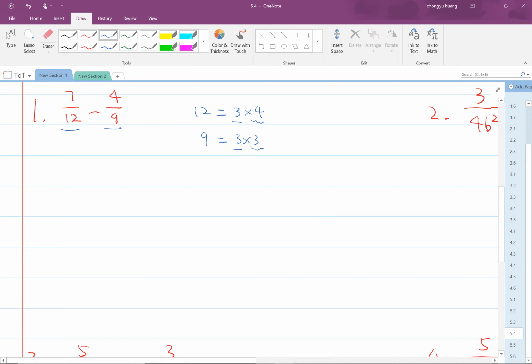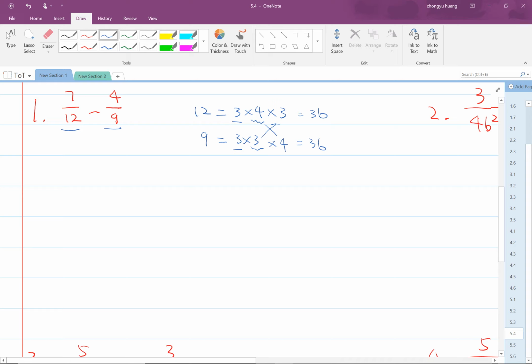So the easy way to find the least common denominator is to multiply by 3 over here, and then multiply by another 4 over here, right? And then it turns out it's going to be 36, right?